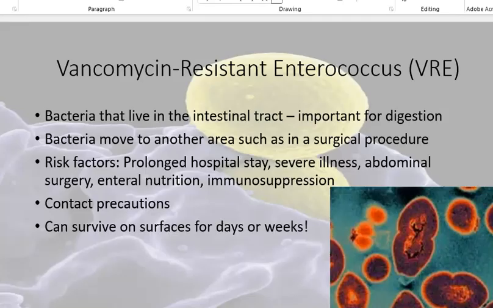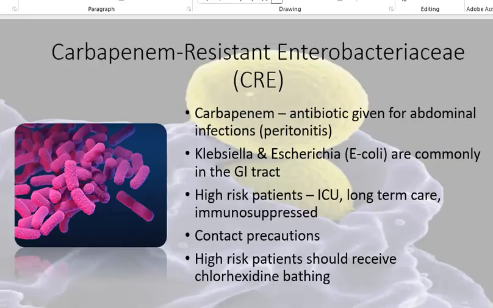Next, we're going to talk about CRE. This is resistance to an antibiotic often given for abdominal infections such as peritonitis. Klebsiella and E. coli are commonly found in the GI tract. They're difficult to treat as their enzymes break down the antibiotics.